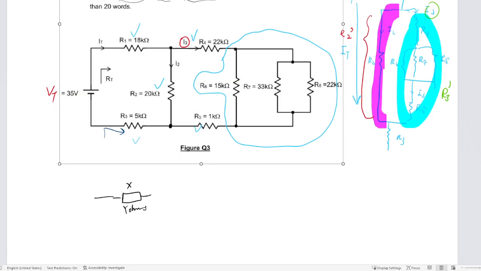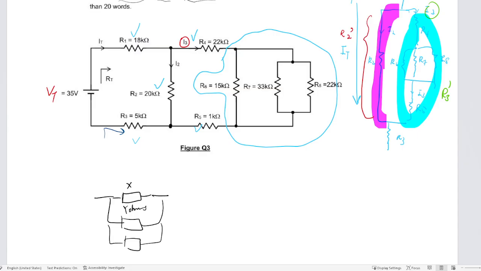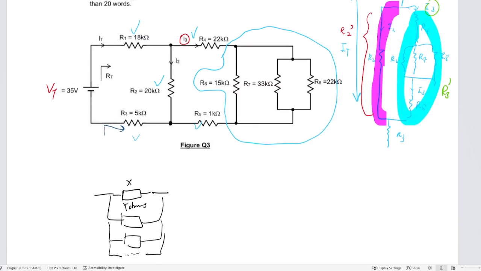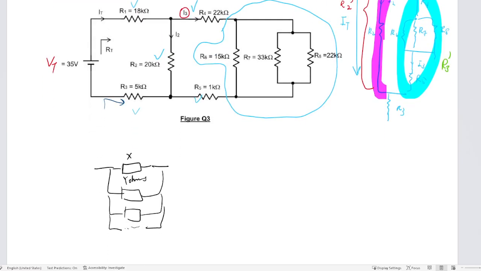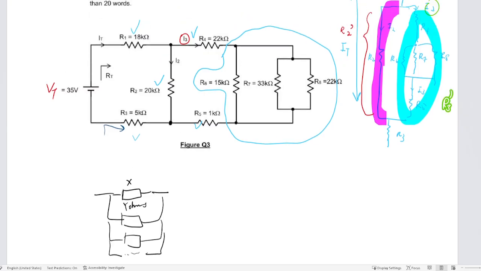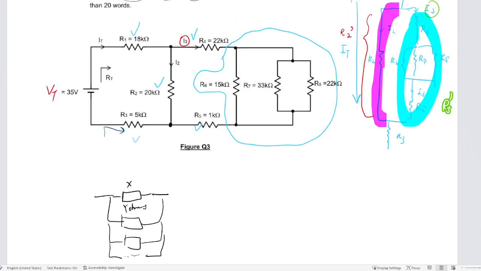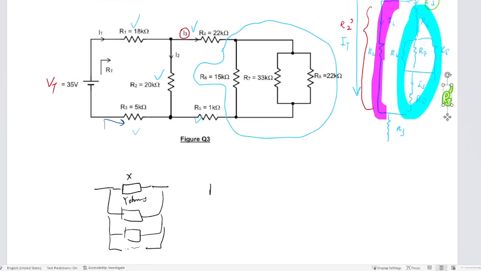If X is connected in parallel like so, in 20 words or less, I will just say R total equals 1 over R1 plus 1 over R2 plus 1 over R3 and so on.